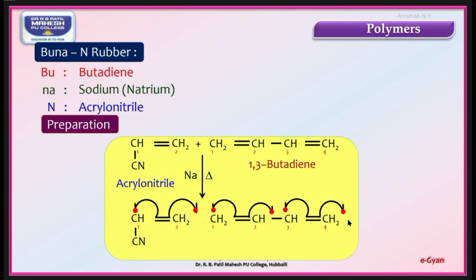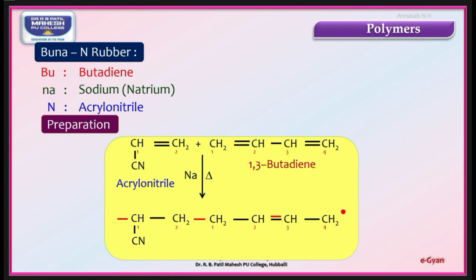continue the chain. So if you have taken this group for n times, that is acrylonitrile, and 1,3-butadiene for n times, you will be getting this repeating unit for n times. N times acrylonitrile, n times 1,3-butadiene gives n times the polymeric unit, which is known as Buna-N. Buna-N stands for butadiene natrium acrylonitrile.